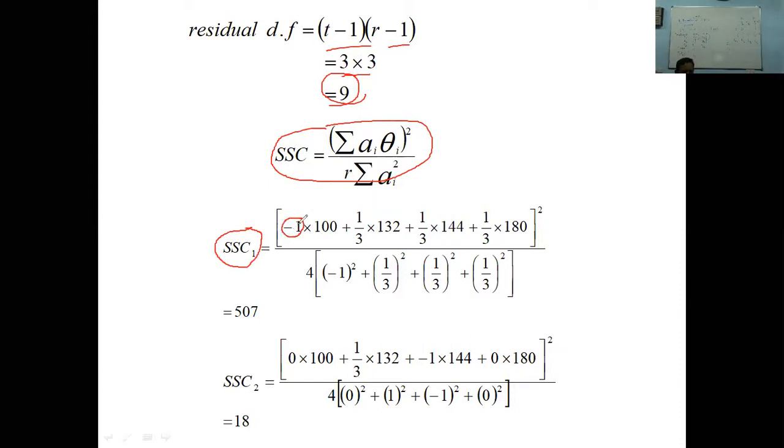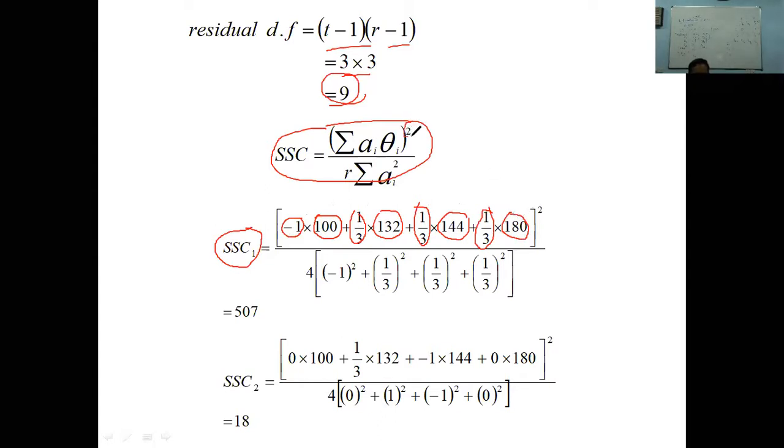Minus 1 into the first treatment total, plus 1/3, the coefficient, into the second treatment total, plus 1/3, the coefficient, into the third treatment total, which is 144. 1/3 into 180, the treatment total of the fourth treatment.